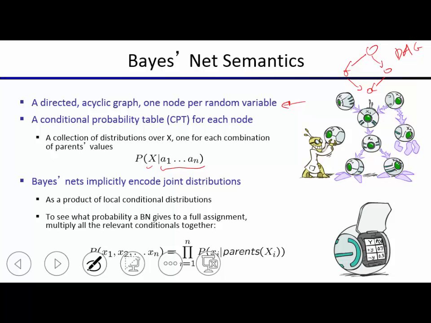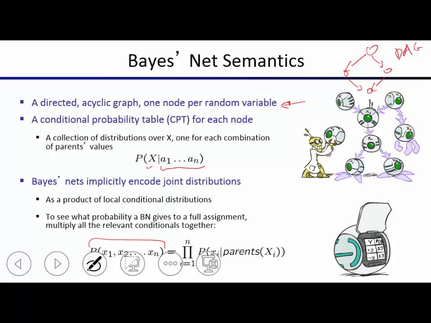Now, while we initially talked about Bayes nets in terms of a causal process or a noisy causal process that we might want to encode, and we can reflect that process in how we draw the graph, formally what we're saying is that we're encoding the full joint as a product of conditionals.